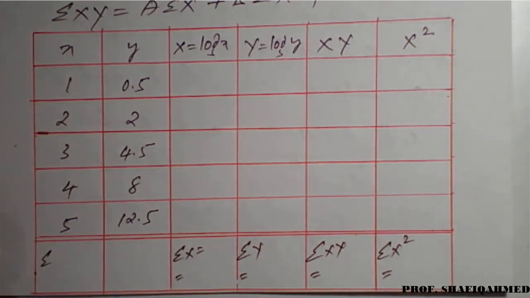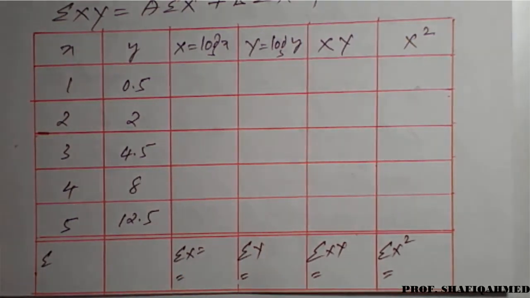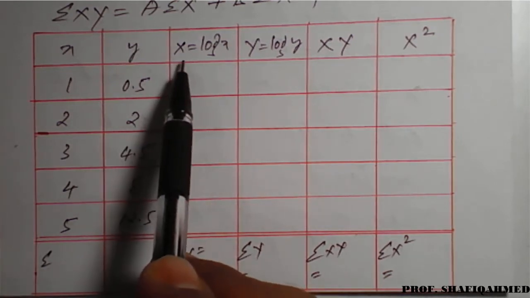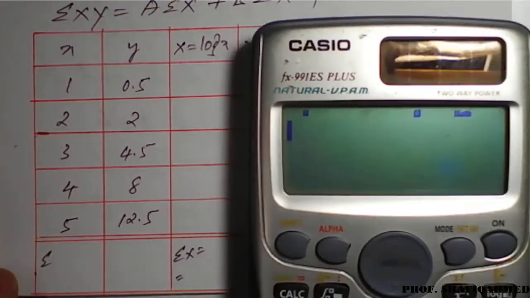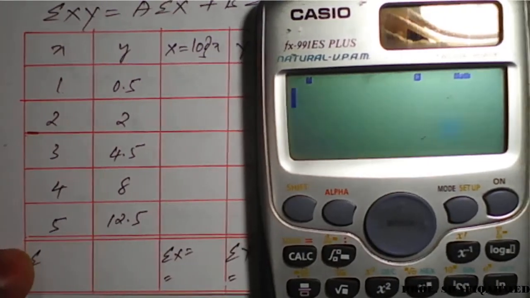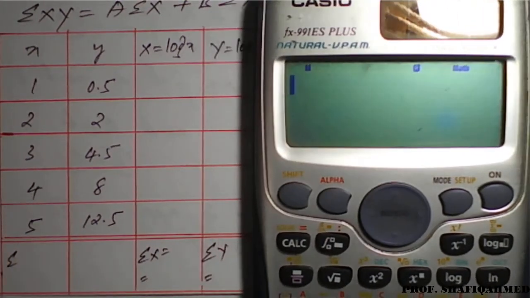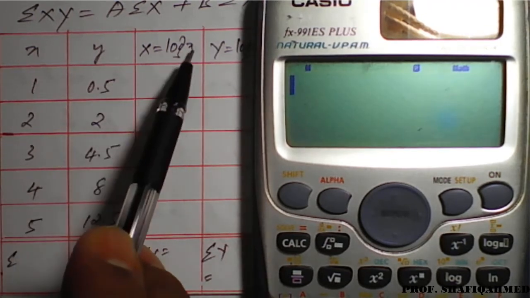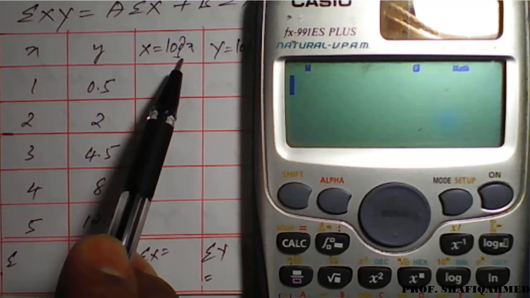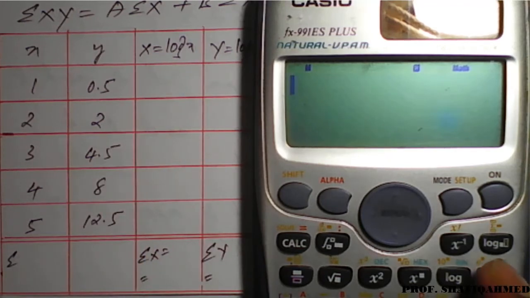Now to get the capital X value, which is nothing but log of small x, we have to use the calculator. Log x to the base e means we have to use the ln option.